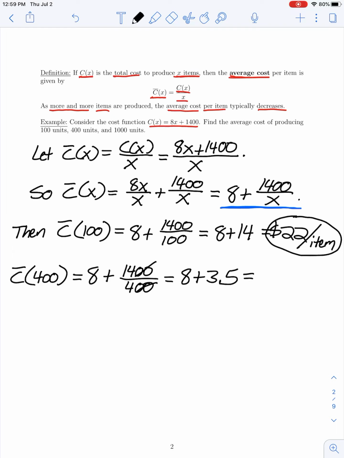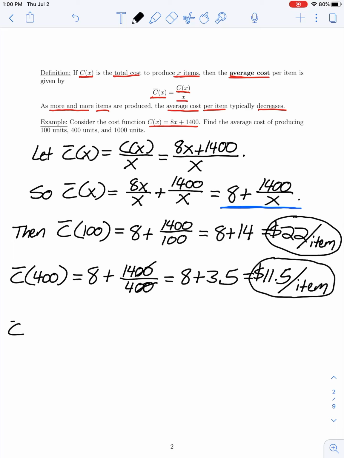So 8 plus 3.5 gives us 11.5, and that would be our average cost, so dollars per item. So it costs $11.50 per unit to produce 400 units. So we see here our average cost is decreased from when we were producing 100 units.